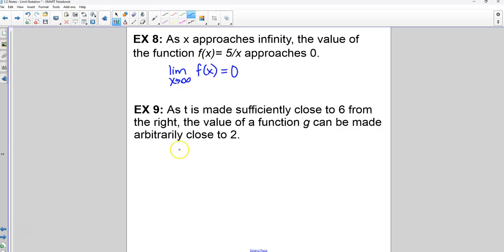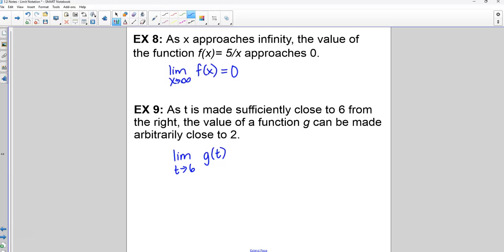T. So we're going to do not the limit as x approaches in this case, but t approaches. What is t approaching? 6. Okay. What's the name of the function? G. And I'm going to call it g of t because clearly t is what we're plugging in, since t is the variable that is approaching, right? Even though they only called it g here.